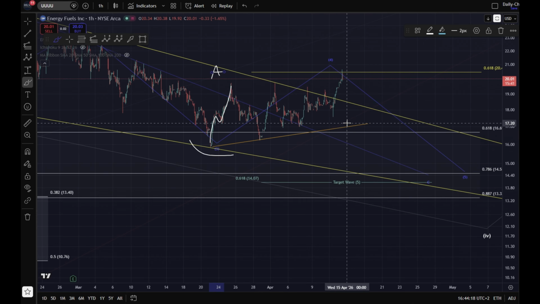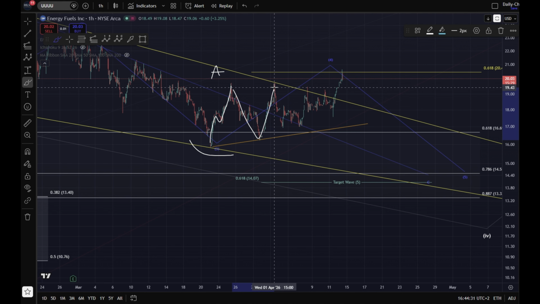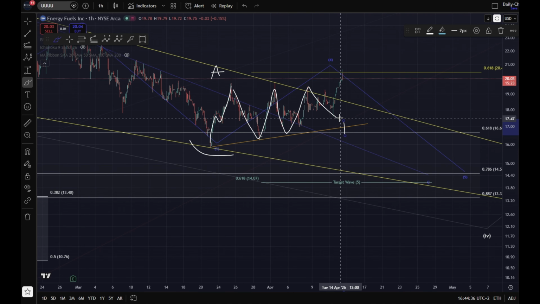And now we would look for a B wave. And B waves could unfold as a triangle as well. And therefore, I'm looking here for an A, B, C, D, E. So here is the B wave. And now this could be the C wave to the upside.